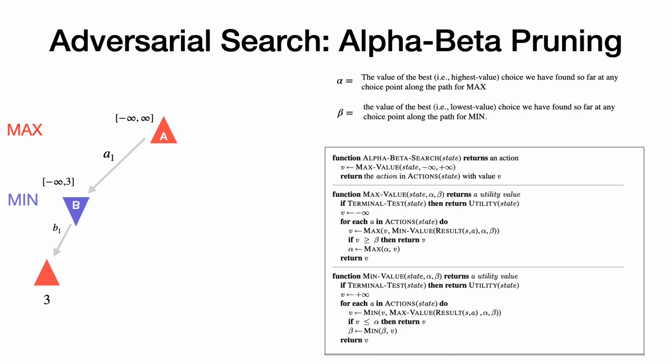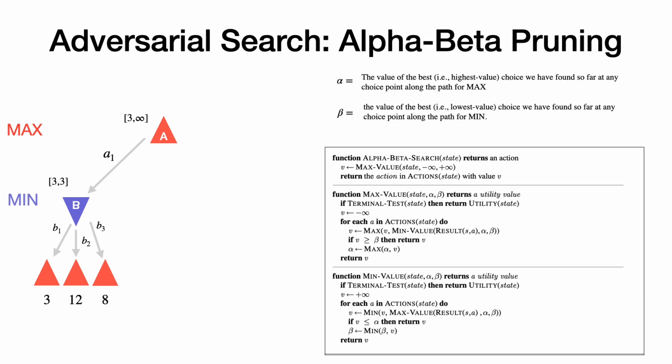So the range has been reduced from minus infinity to infinity, to minus infinity to 3. If you go to the next state, 12 is greater than 3, so the minimum player will not choose 12 because you already have a better action which results in terminal state 3. So B2 will not affect it.